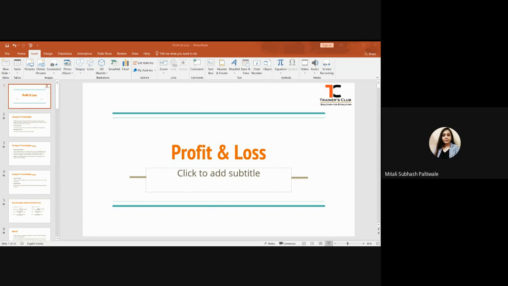Now, cost price for loss would be cost price is equal to 100 by 100 minus loss percentage into selling price. So always remember, your cost price will never leave the formula, whereas selling price can leave the formula. It is just based on both of them.